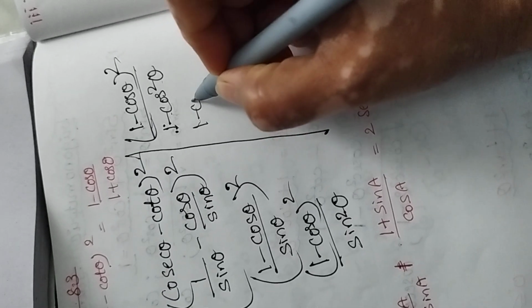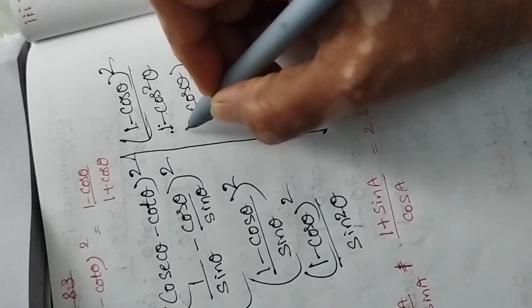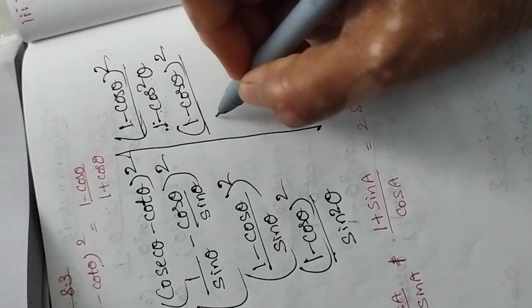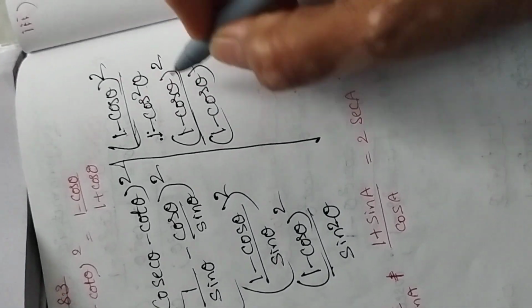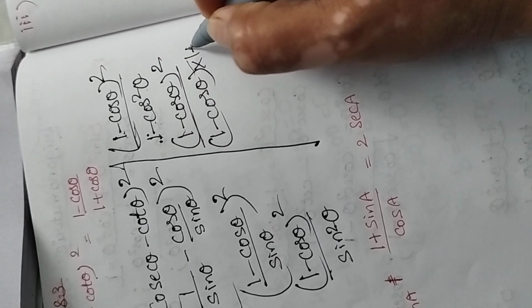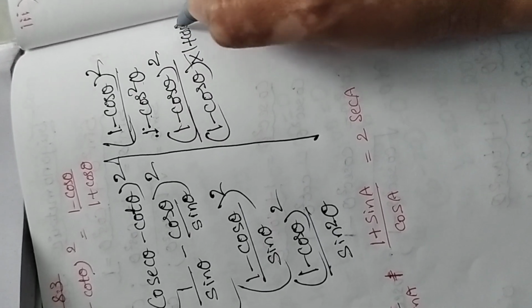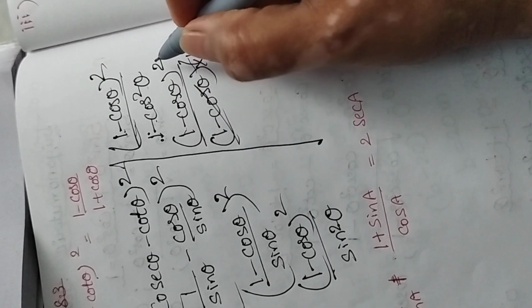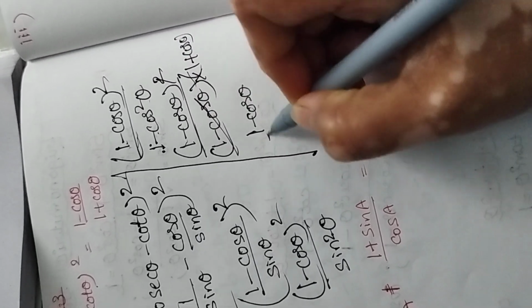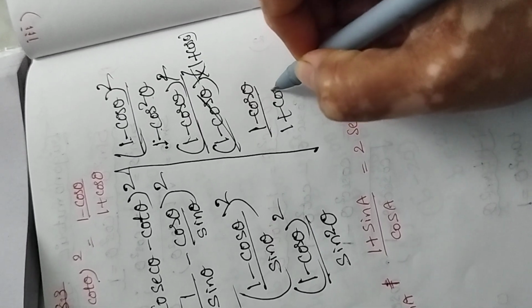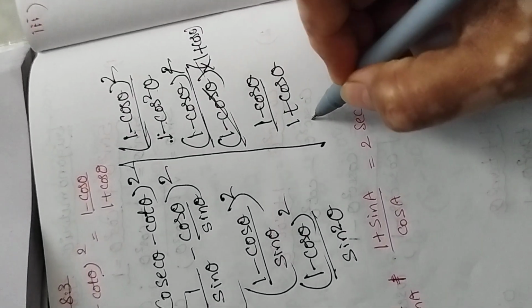The denominator you convert in the form a square minus b square is a plus b into a minus b, that is 1 minus cos theta into 1 plus cos theta. You convert like this. So 1 minus cos theta cancels, and you will get 1 minus cos theta by 1 plus cos theta, which is the required RHS part.